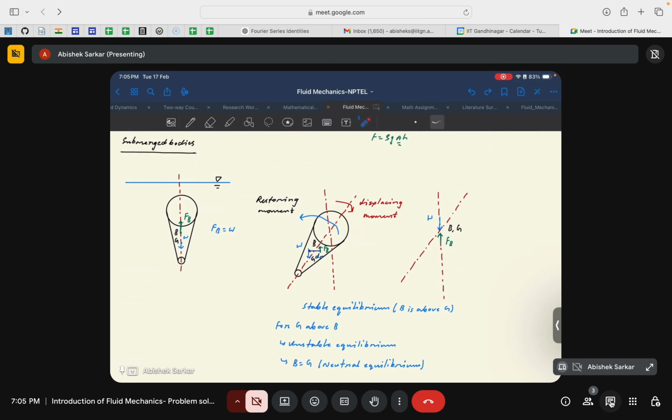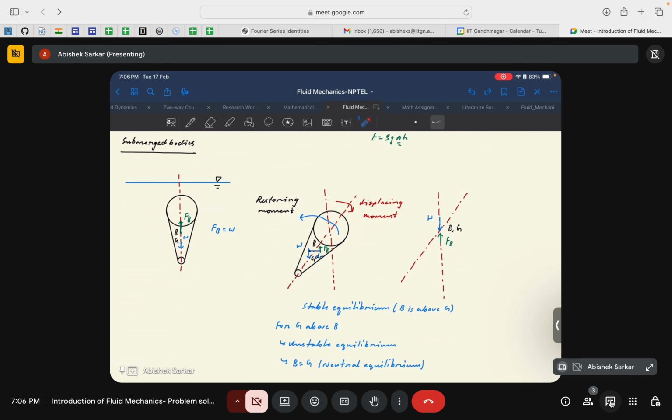So what would happen is that since the body has shifted, if you remember, your center of buoyancy was above the center of gravity, okay.